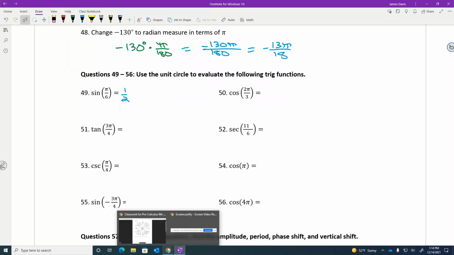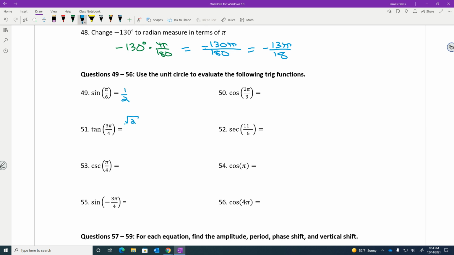So this is going to be radical 2 over 2 over negative radical 2 over 2. And we have the same thing over itself, so it's just 1, right? Same thing over itself. So negative 1.